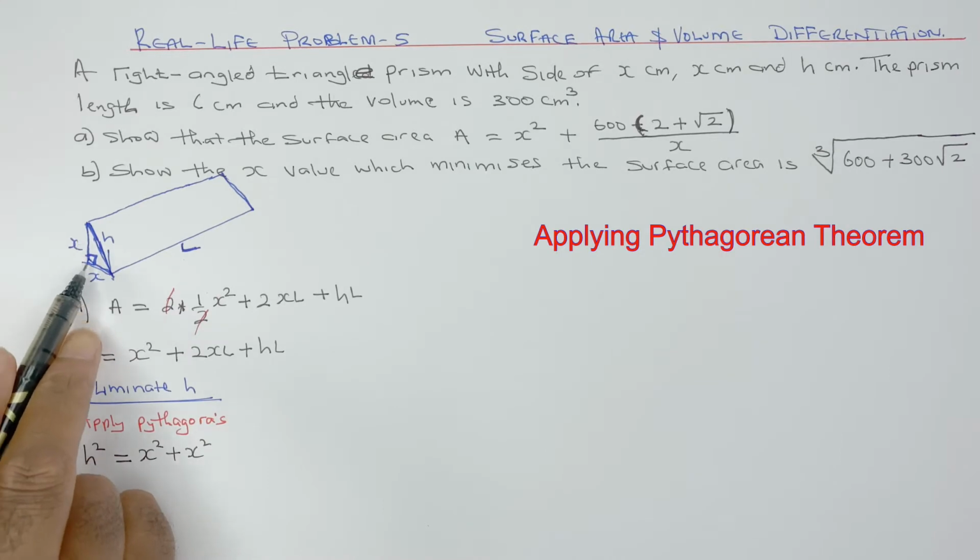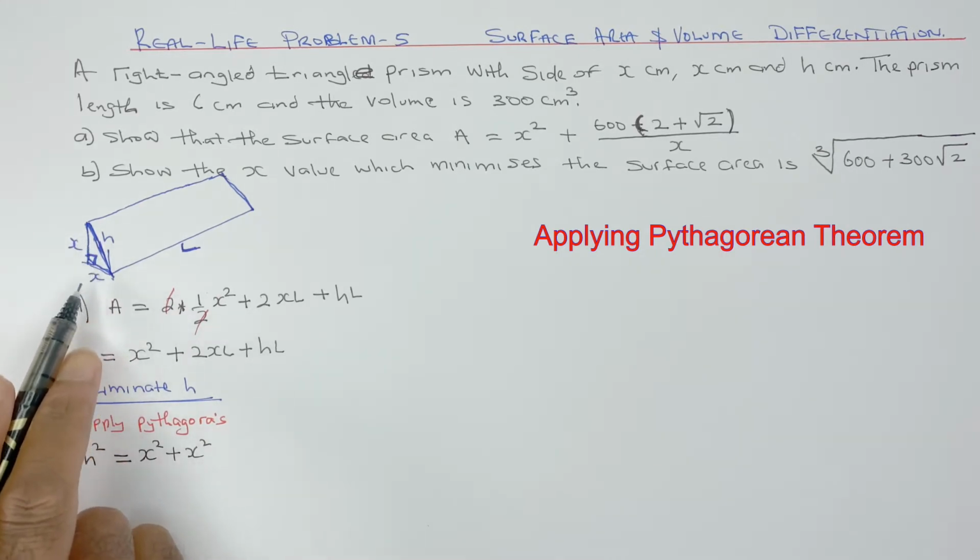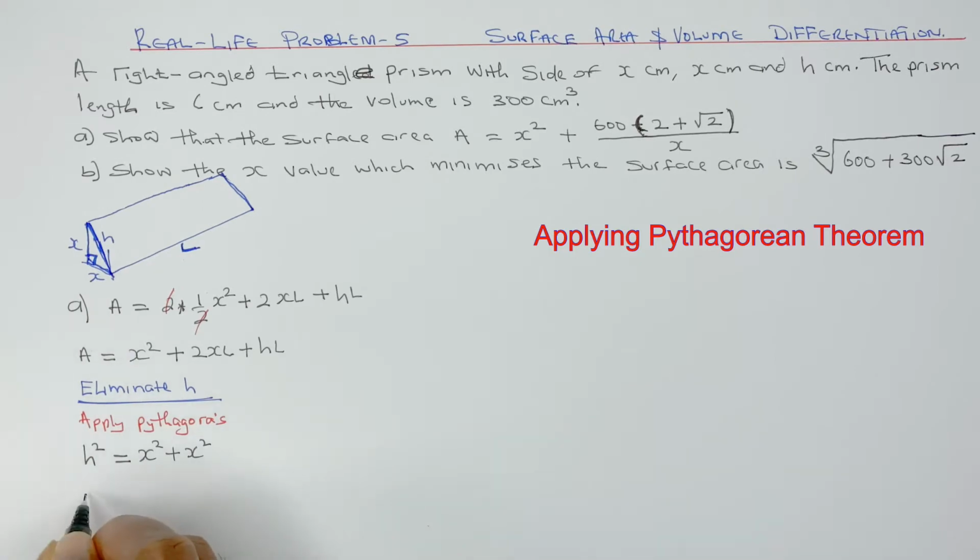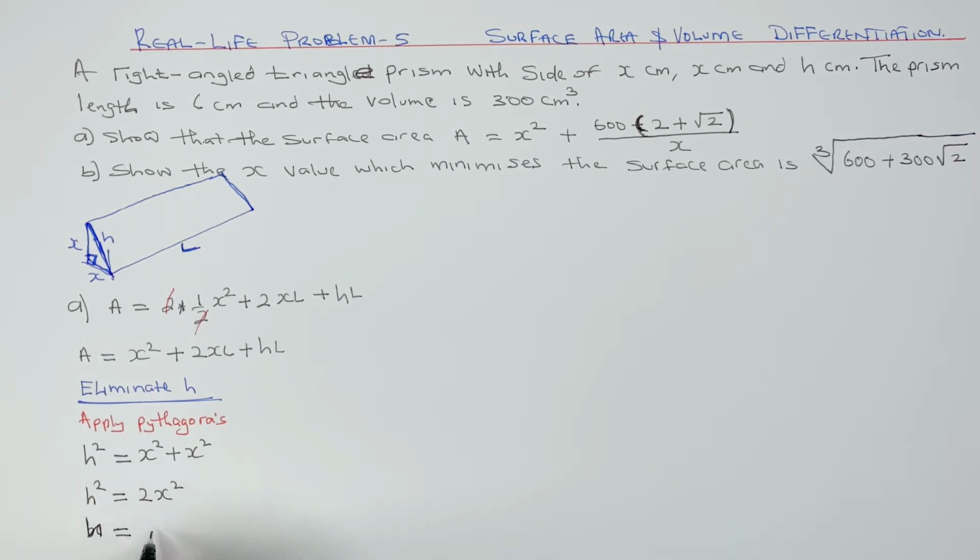That's the hypotenuse, and those are the opposite and adjacent sides. So H squared will be equal to 2X squared, and we need to square root both sides. If we square root X squared, we get X, and if we square root 2, we just get root 2. So H equals X root 2.